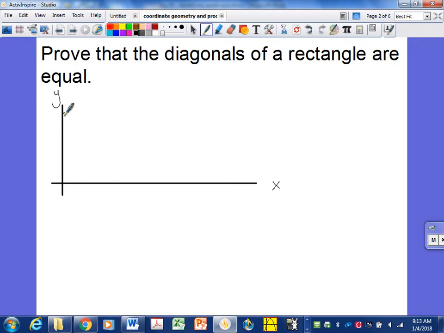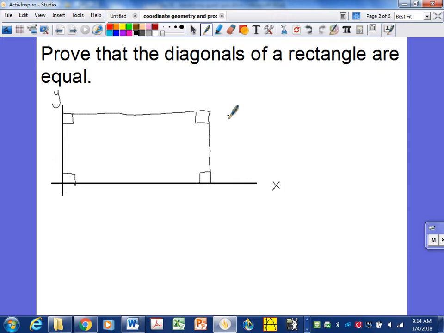Okay, so draw on your paper a nice rectangle. Do the best you can to draw a rectangle. In a rectangle, all of the angles are 90 degrees. That way we know it's a rectangle. So we need to put some coordinates on here.